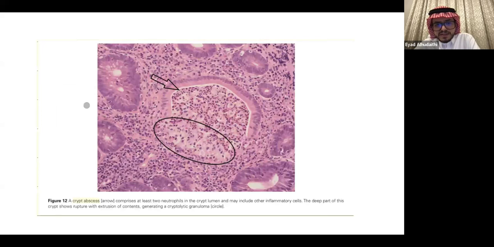If you can see the arrow, it represents the crypt abscesses because it's in the lumen. While the circle, you can see there are the crypts, now abnormal, and this is the start of formation of the granuloma.